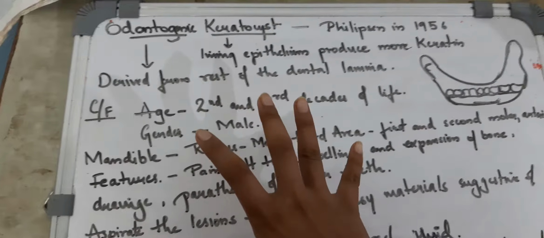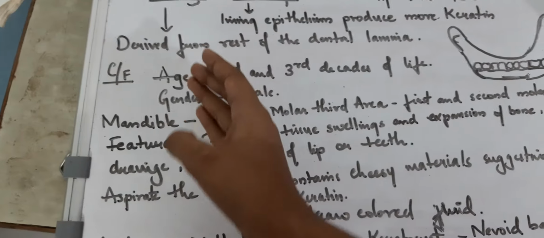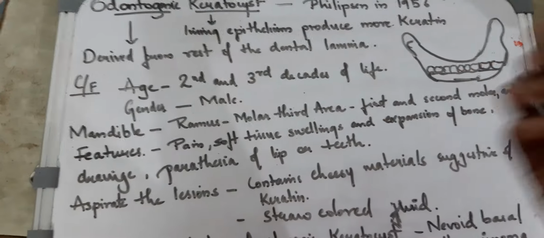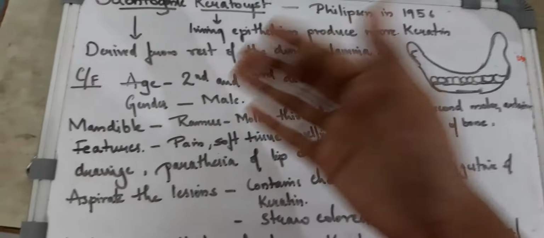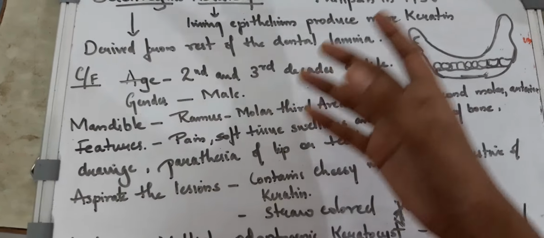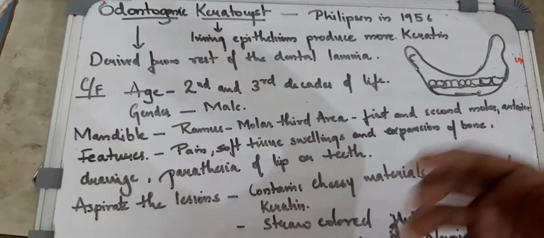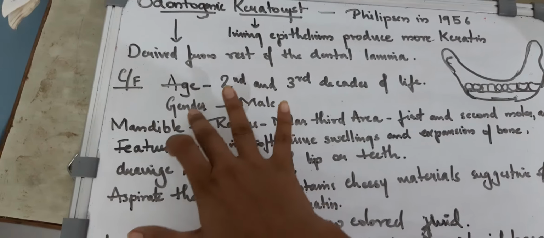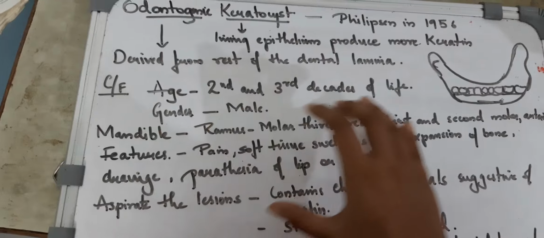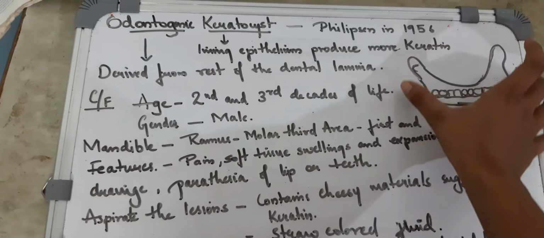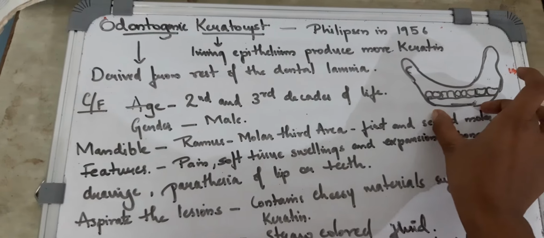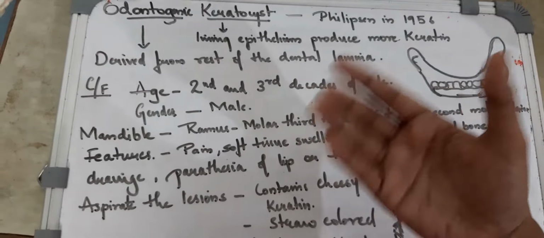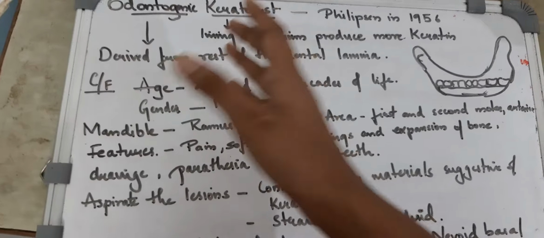For the clinical features, I have put some subheadings so it makes you remember the answer perfectly. For example, some common points you will see in all the cysts, which I am going to explain in my further videos: the age, gender, the position where the cyst appears, the features of the cyst, and how we can diagnose it.